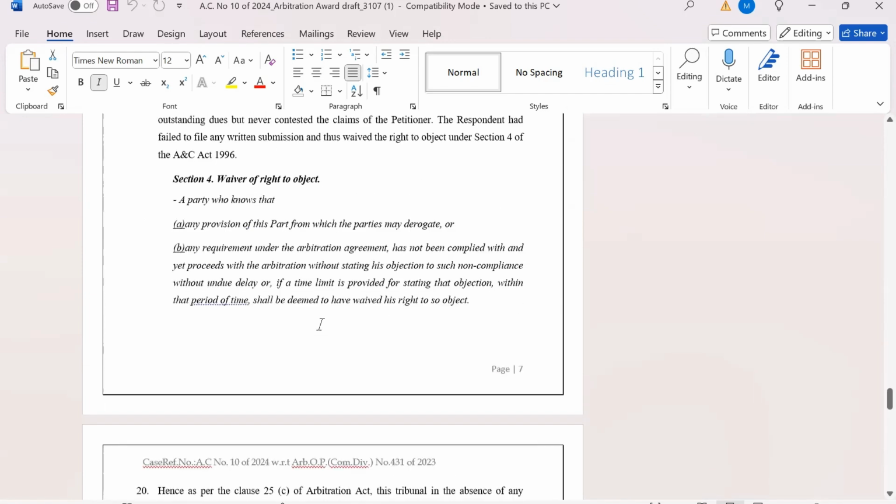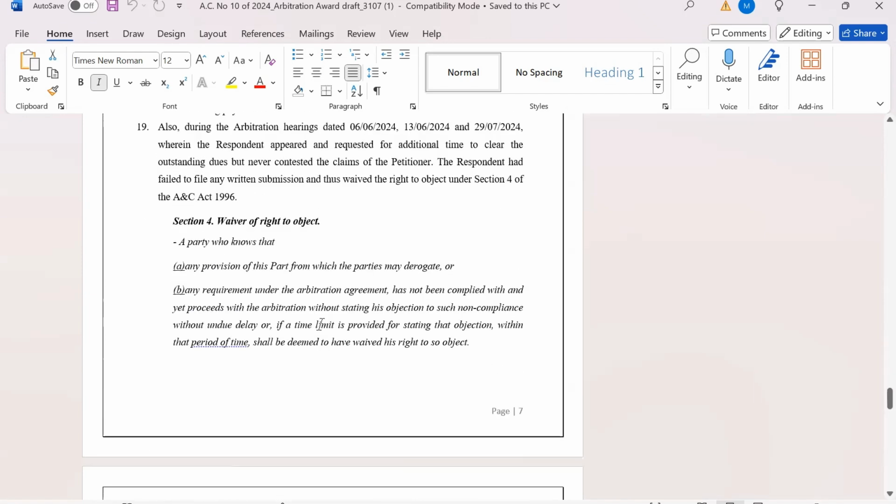In this case, the claimant initiated the proceedings, and the respondent, though he was present during the hearings, didn't submit any documents. Hence, he waived his right to object, obviously. That is mentioned here, along with reference to the Arbitration Act.